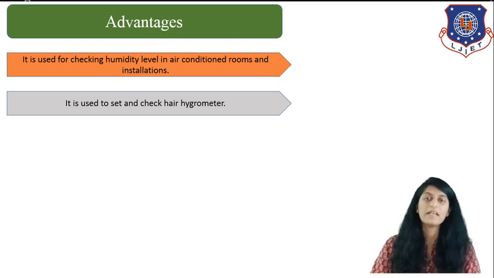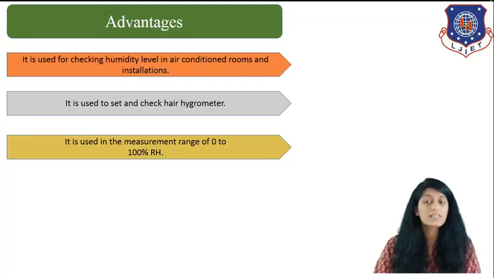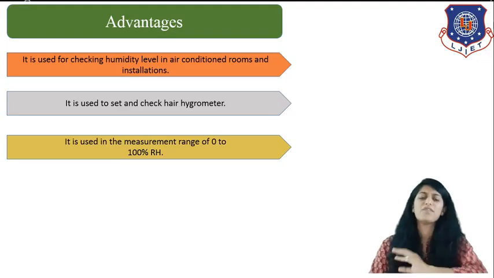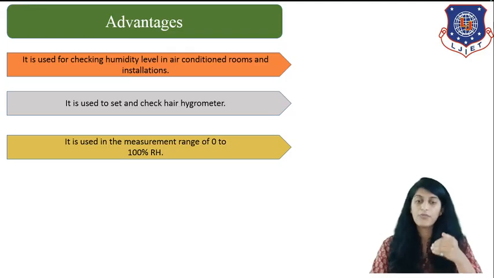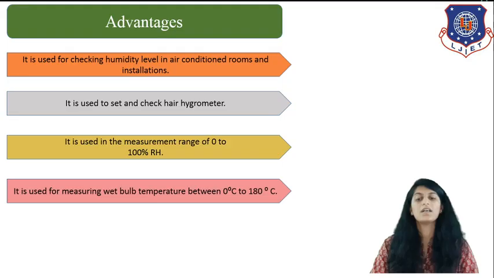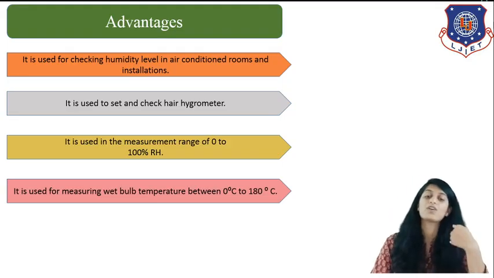In case of hair hygrometer equipment, we can use this equipment to do the calibration. Next, it is used in the measurement range of 0 to 100% relative humidity. So, we can use this equipment in a wide range of relative humidity. Next, we can use wet bulb temperature in the range of 0 to 180 degree centigrade, which is again a quite wide range of temperature.